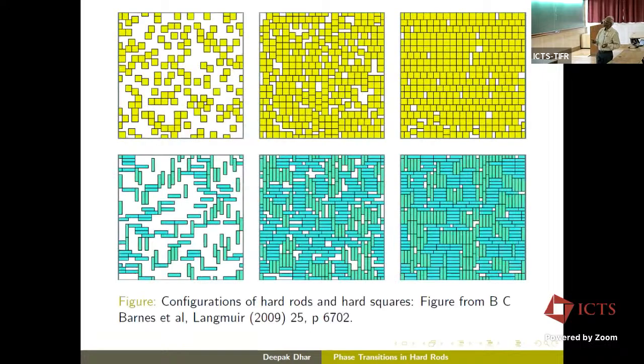Okay. So these are just pictures of some lattice models. These are 2 by 2 squares. And as you increase the density, the typical configurations change. These are long rods, 4 by 1. And again, you can see there is some change in behavior.